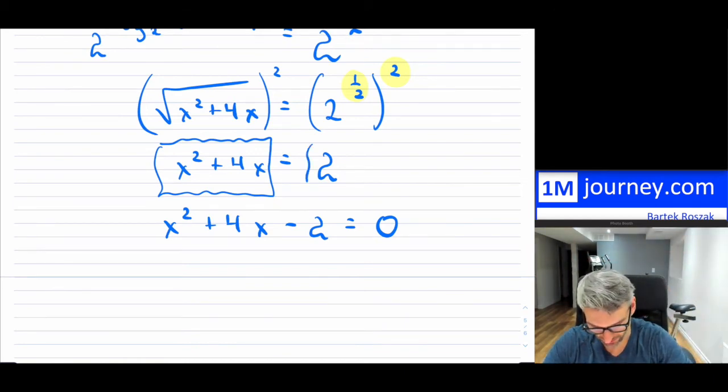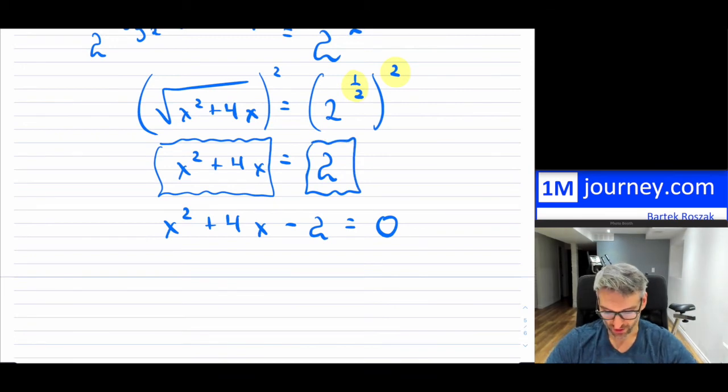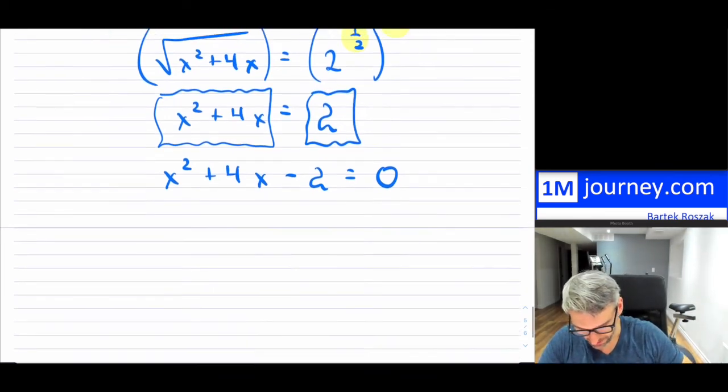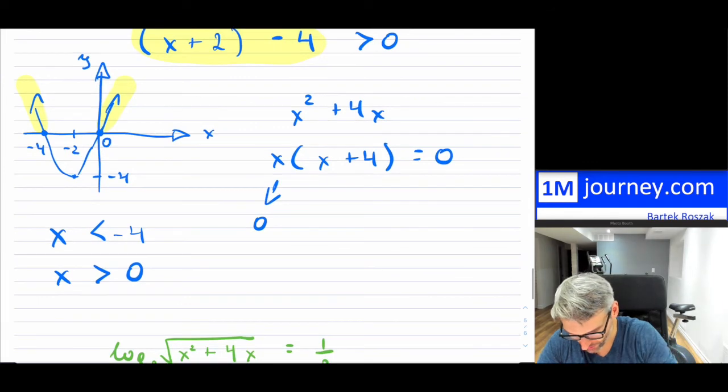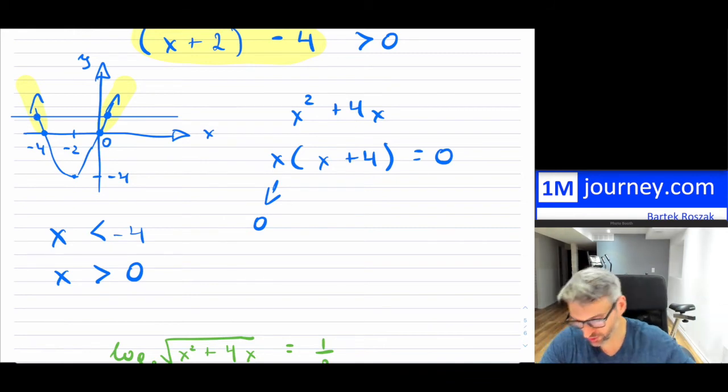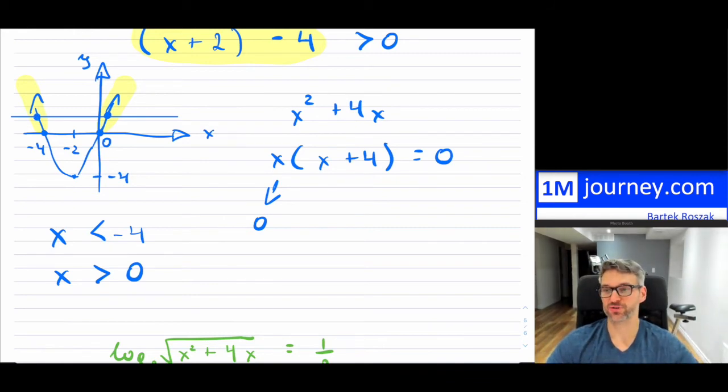So if I went back to this original, this is 2, so it's going to look something like that. That means I will have 2 admissible answers to this. One is going to be greater than 0. One is going to be less than -4, it looks like.